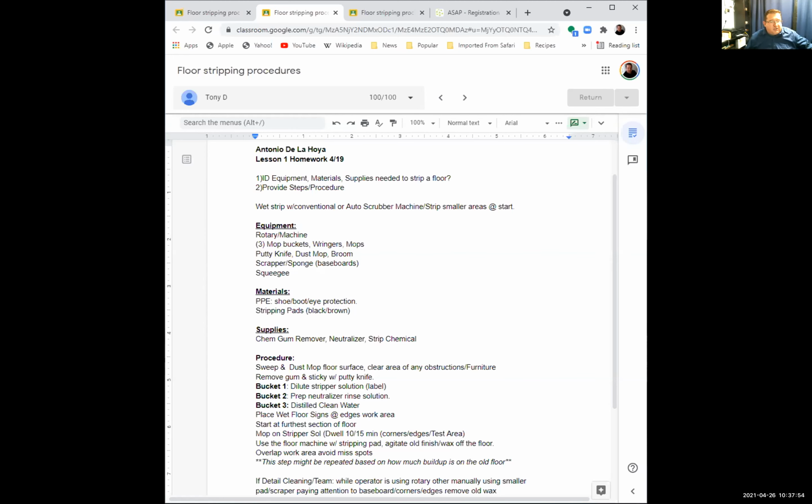There are some challenges. If you guys look at your books, in the back of your book, one of the great tools that I love that they put in here is hard surface floor care problems. It's a troubleshooting chart, basically.